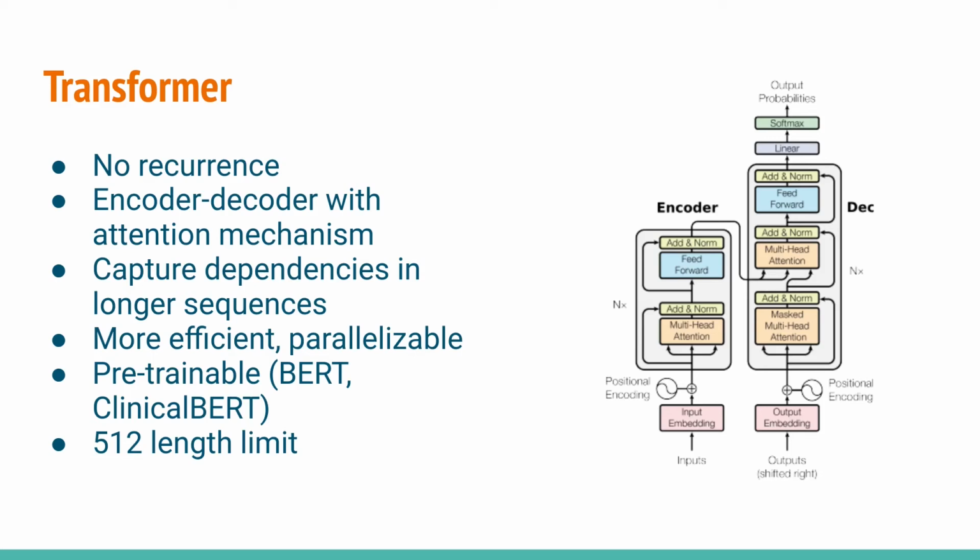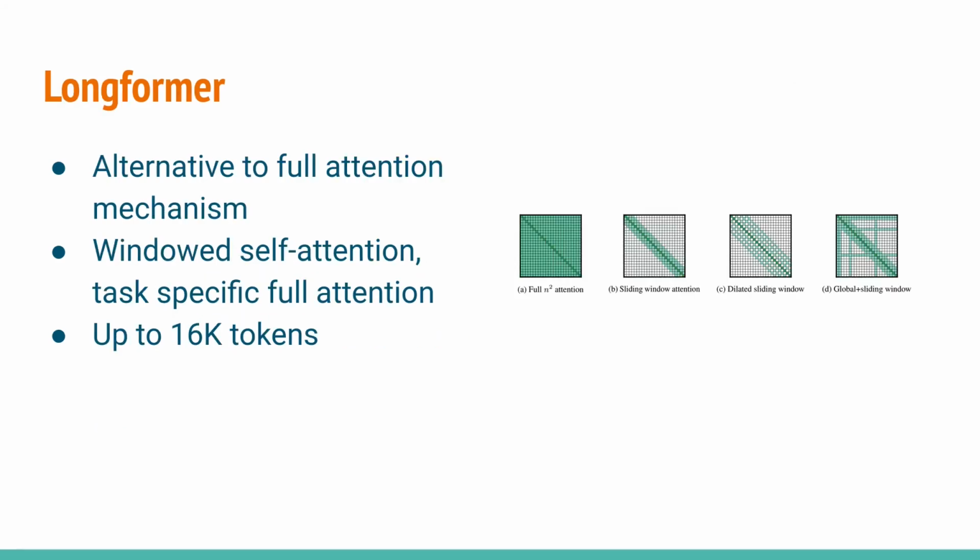But they have a hard limitation on the number of tokens that they can process at a time, which is 512. This brings us to the Longformer, which introduces an alternative to the full attention mechanism of the standard transformer.